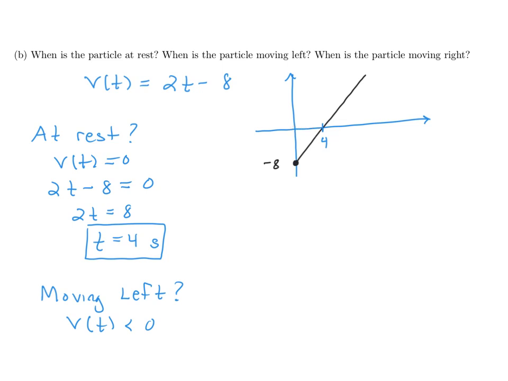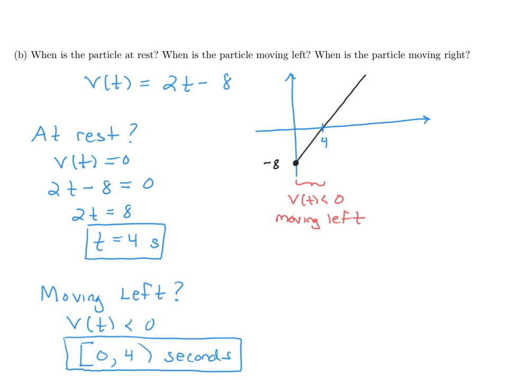So below the graph, I'm going to just note that from here to here, the velocity is negative. And that means moving left. So over here, I'll record down that that was the interval from 0 to 4. And I'll note that this is also in seconds. And this is my answer for moving left.